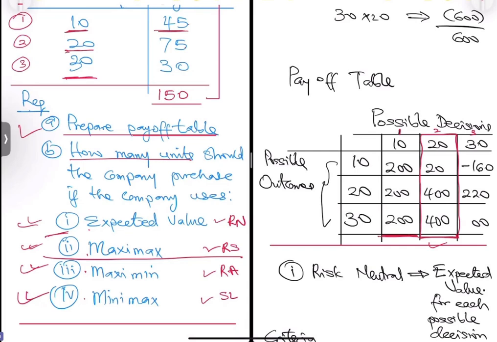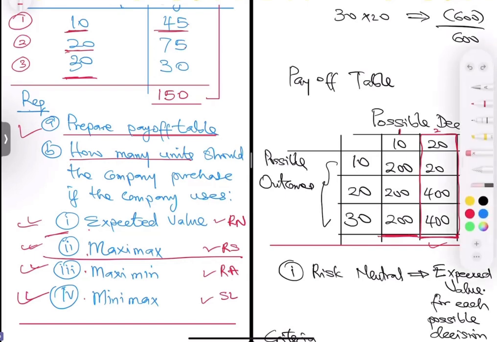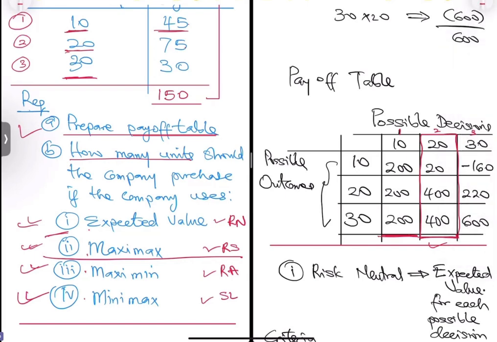The highest is 600. And that's what we said about risk lovers. They don't care about any circumstance. They just want a decision that stands a chance of giving the highest possible outcome. And the highest possible outcome in our payoff table is 600. And in that case, the decision that can give us 600 is the third decision, which is buy 30.